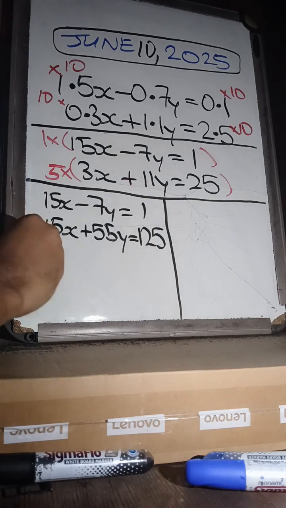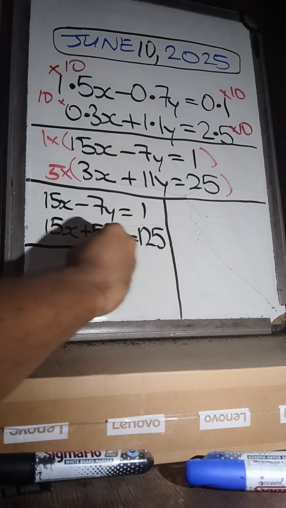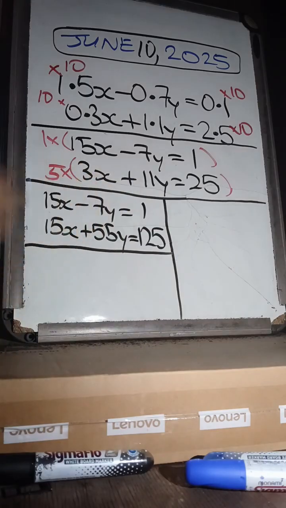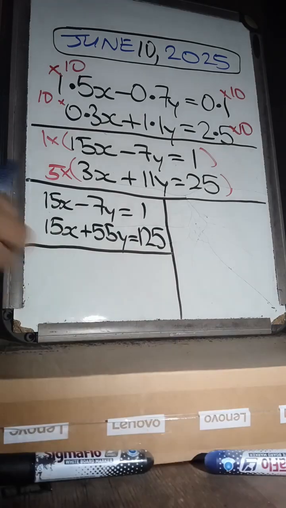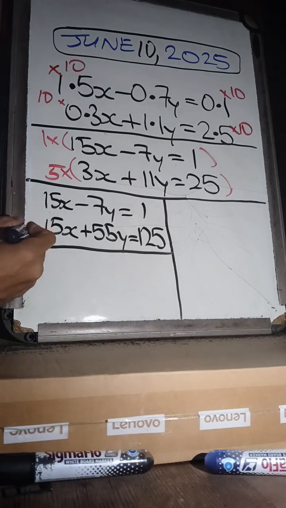And now we have to be careful with this. Once these signs are the same, we're going to subtract. So if they're both positive, we subtract. If they're both negative, we still subtract. Right? So that's the important part of this. So 15x minus 15x, that will be 0.